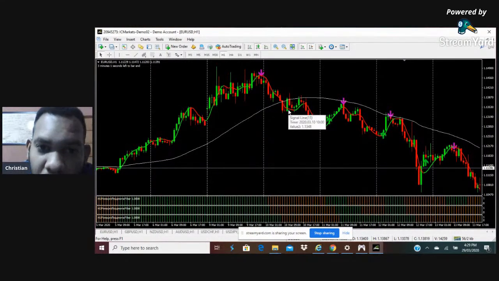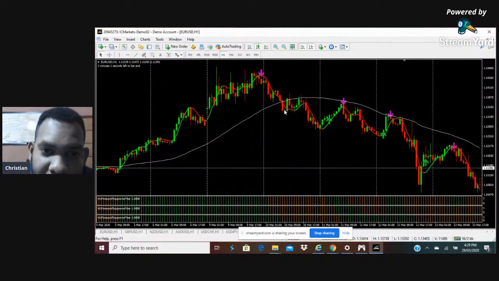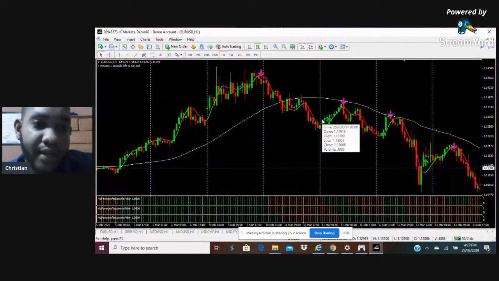There is something called the retest. Since the market moves in waves, the market likes to retest back a certain area. So for example, since I entered here, the market went up, retested that area, and went back down. But since we are in a lower time frame, you would see it better on the higher time frame.